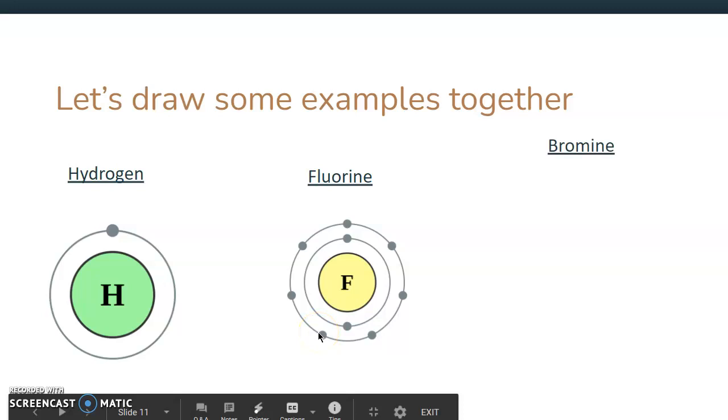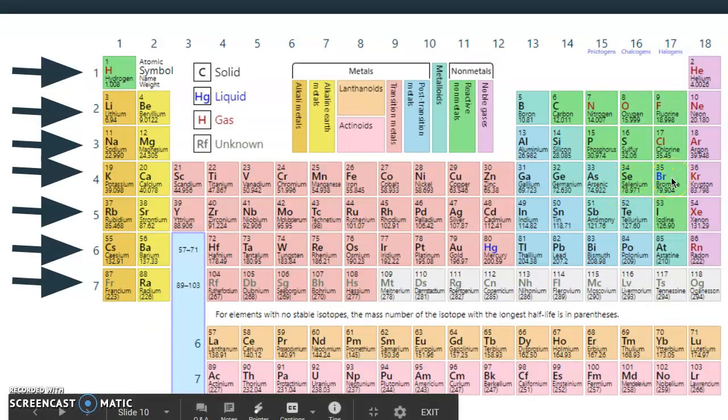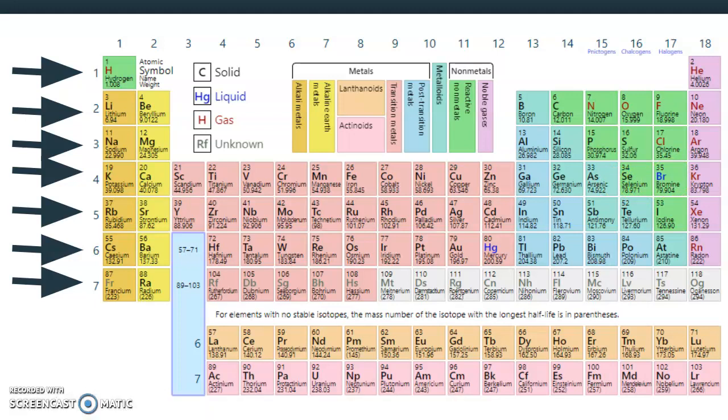Alright, one more. What about bromine? How would bromine look? So bromine's a bit more challenging. Bromine's all the way down in our 4th period. And so, like we said, our first row is going to have 1, 2. Our second row is going to have all the way up to 8. Then we get a little bit tricky when we get to our 3rd period.